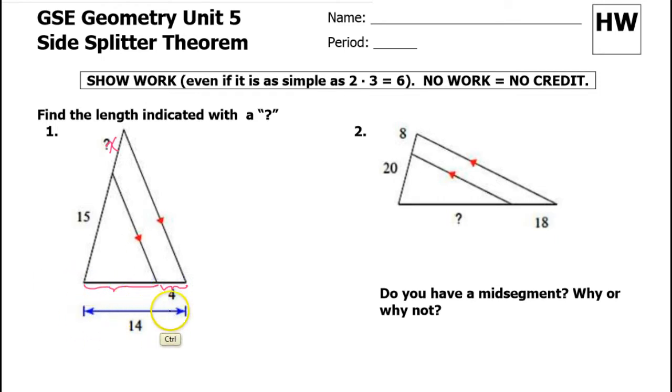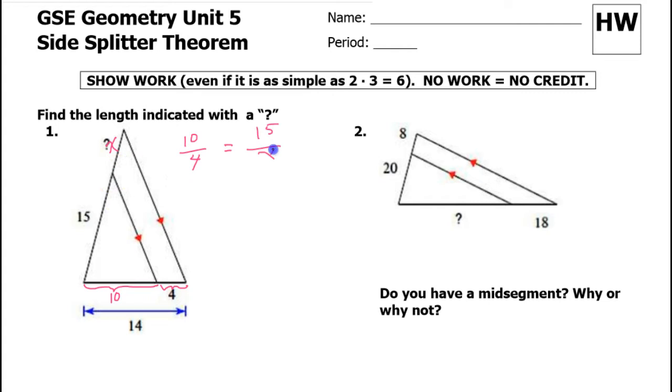Since I'm told that the whole thing is 14, then the other piece must be 10, right? 14 minus 4. So now I can use the side splitter theorem, and I can say that 10 over 4, this piece over that piece, is equal to 15 over x.